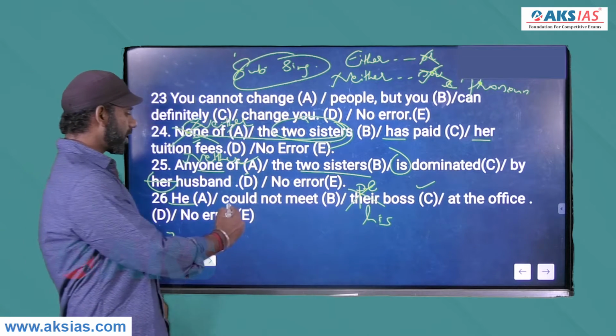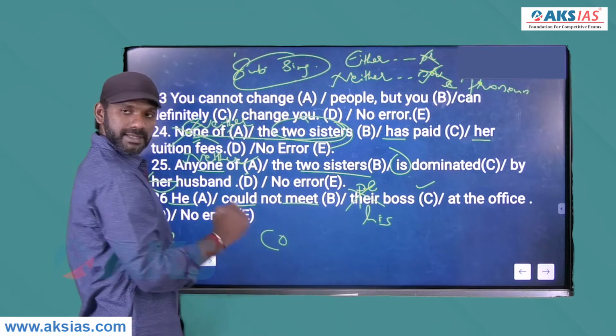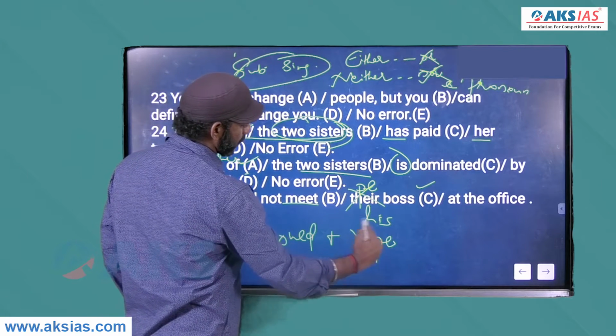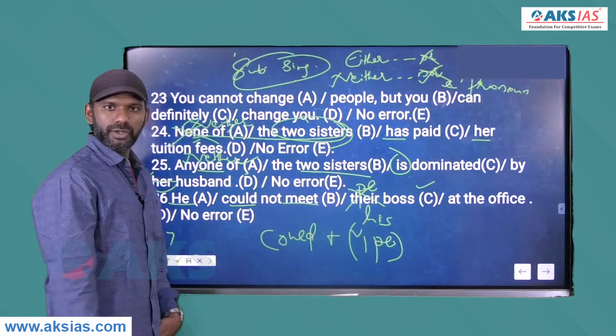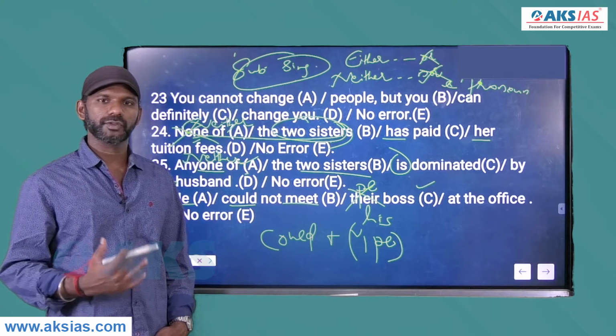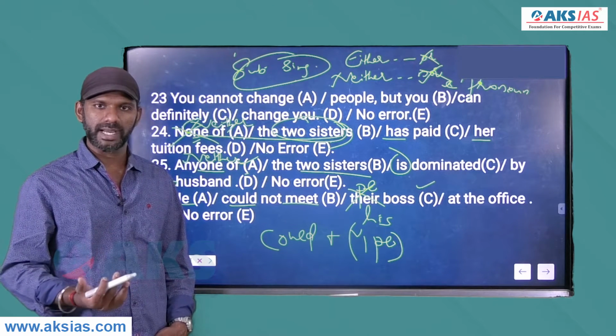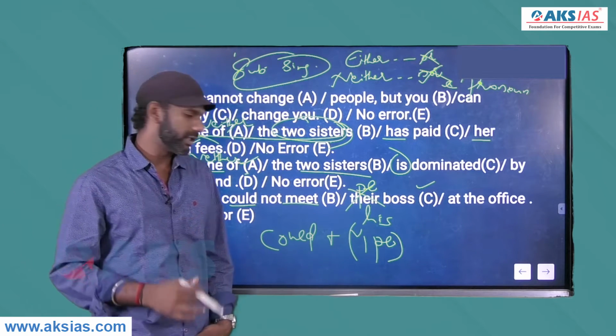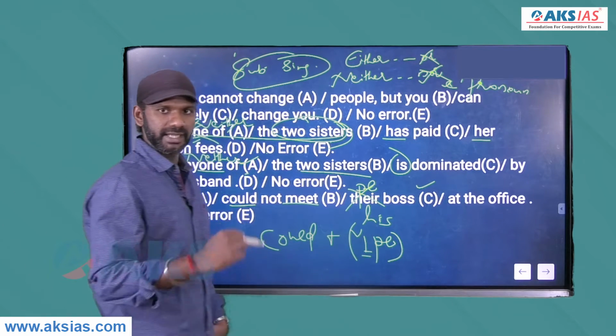Then, could not meet. It's always could plus V1 plural. Will, shall, would, can, could, may, might, must, should, have to, need to, ought to, has to, had to, do, does, did. All these are auxiliary verbs plus V1 plural, that is a rule.